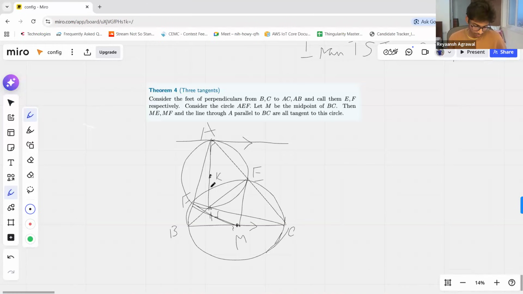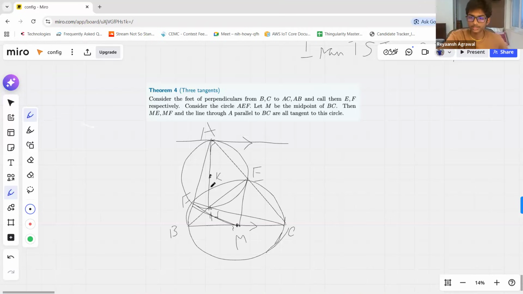Okay, so angle MBE is equal to angle MEB, which equals 90 minus C. So how does that finish? Yes, exactly. MEH is equal to HAE.